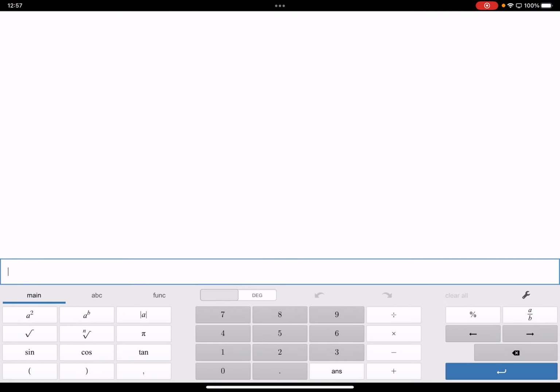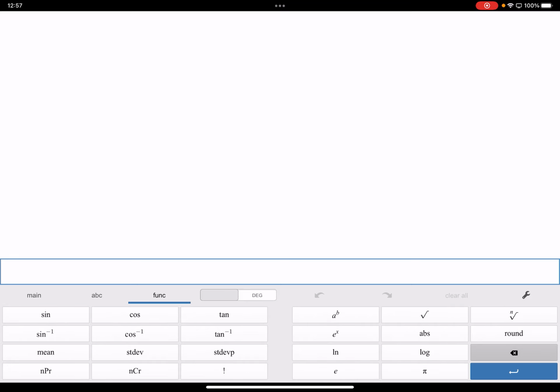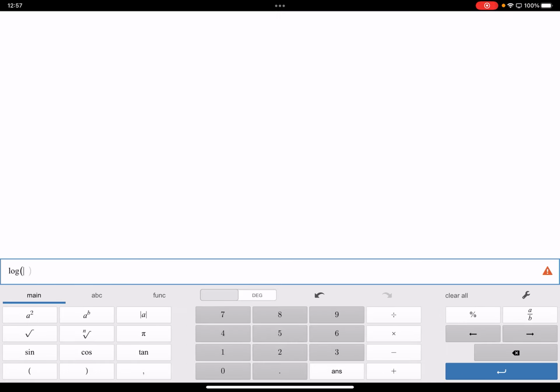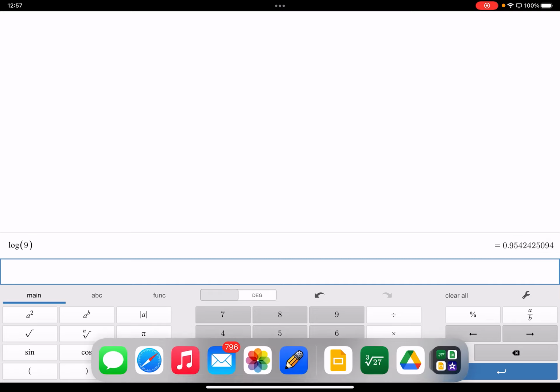I want to get the log. That's under functions, and you'll notice that my log is on the right side of the screen. I have the log of the number 9. That's equal to the decimal 0.54.